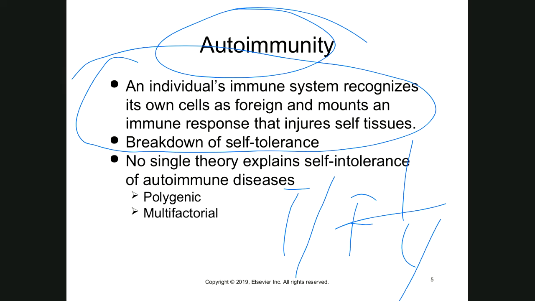Meaning an individual's immune system recognizes its own cells, mounts an immune response that injures the cell tissue, and that is the problem sometimes when the immune system has some kind of defect. Now, careful with those two bullets. Again, true or false is basically one question in one test. Moving on immediately.